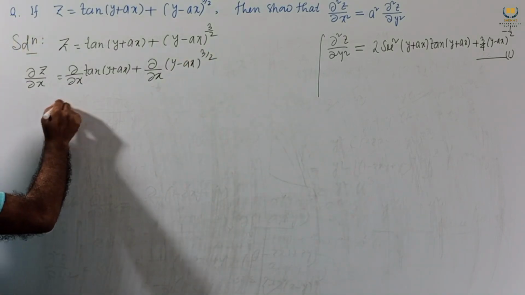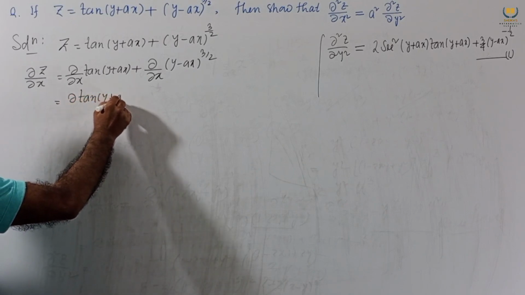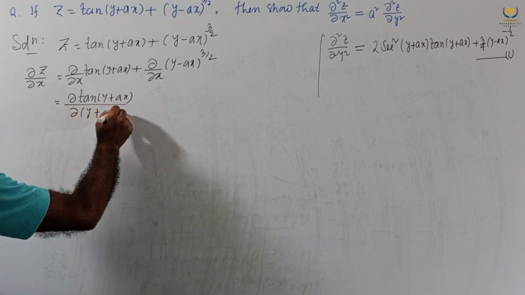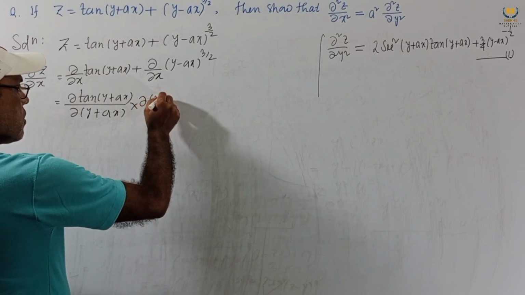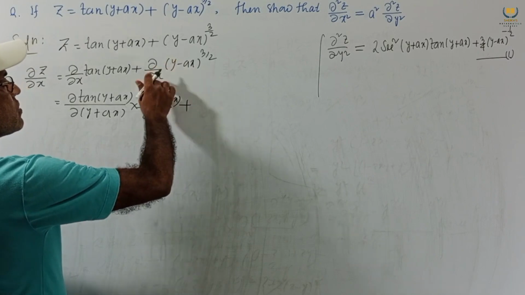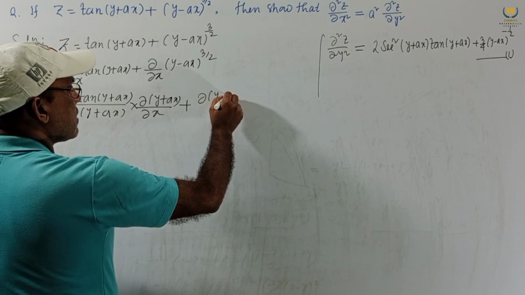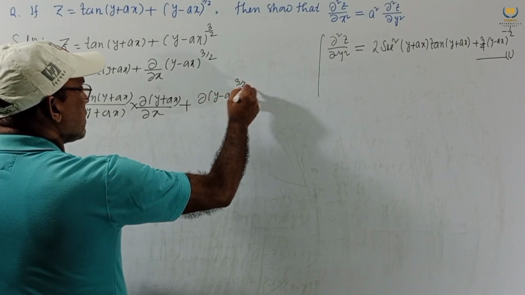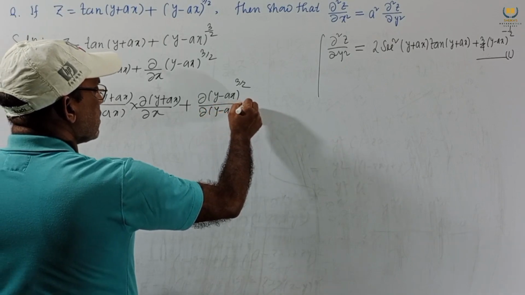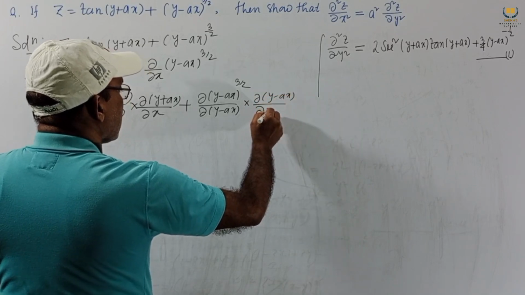This will use the chain rule, del tan(y plus ax) by del (y plus ax) into del (y plus ax) by del x, and here also using the chain rule because these two are not the same, del (y minus ax) to the power 3 by 2 by del (y minus ax) into del (y minus ax) by del x.